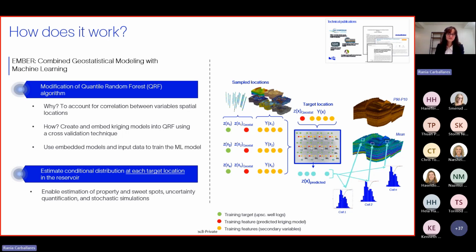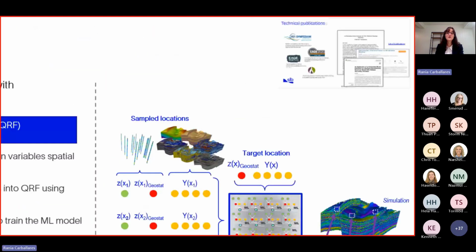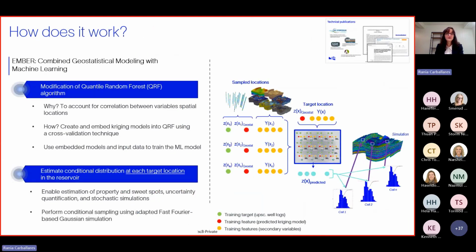This estimation will be the basis for the simulation. So when sampling and generating the simulation, the stochastic realization, the sampling at the simulation stage will be based on the already estimated conditional distribution obtained from the estimation stage.